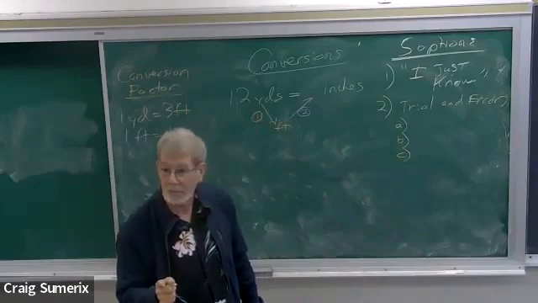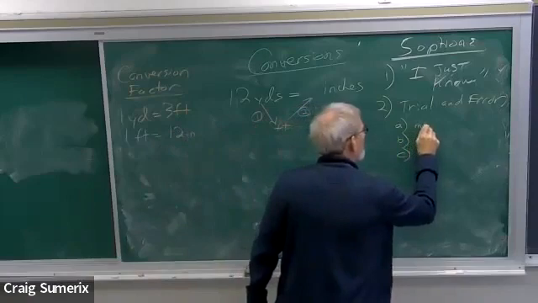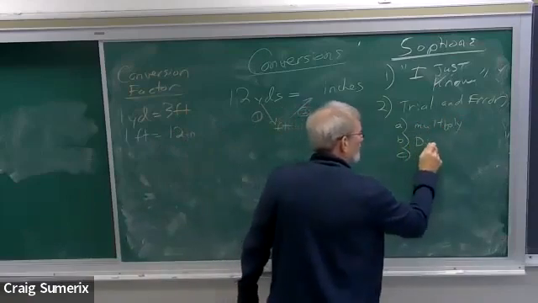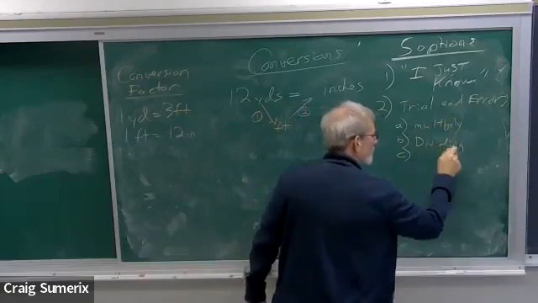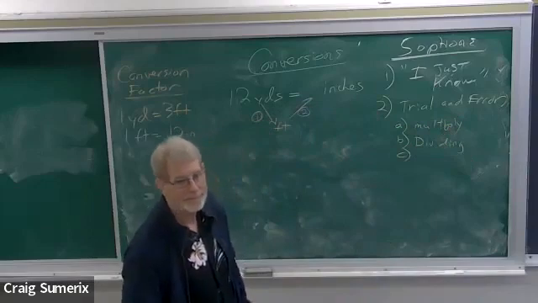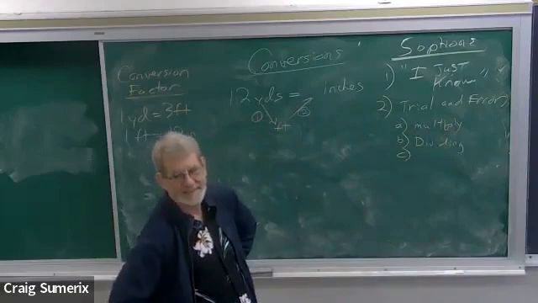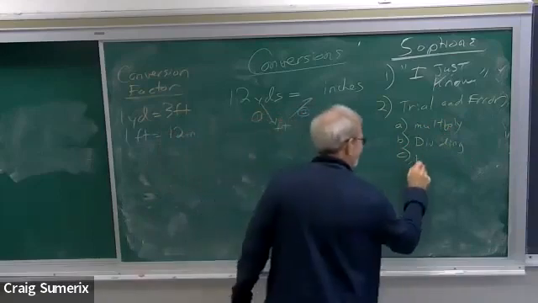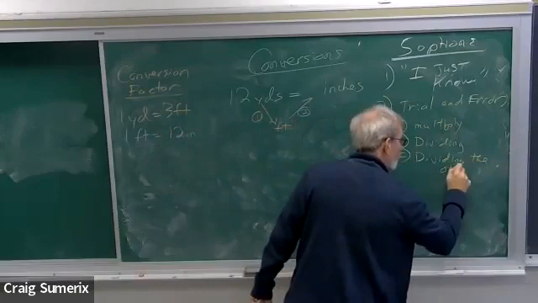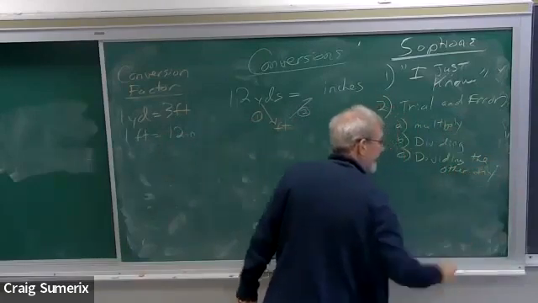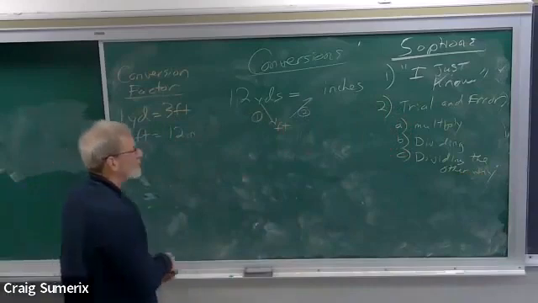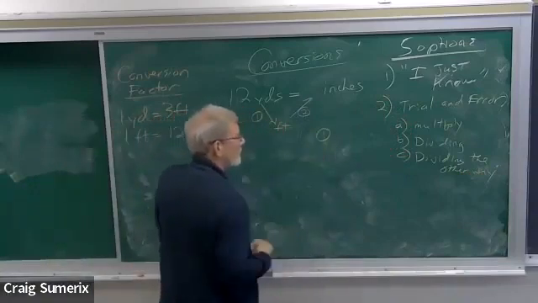Multiplying. By dividing. What's the third possibility? Dividing the other way. Okay, so what does that look like for step 1 here?